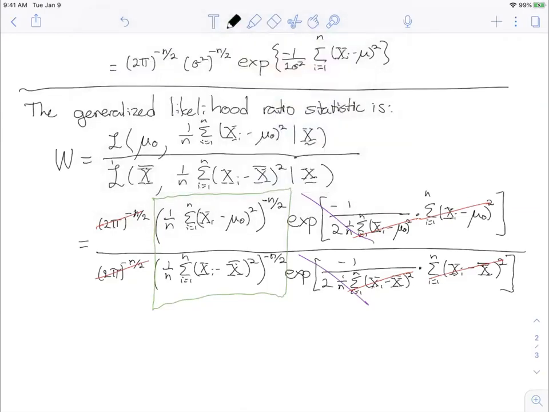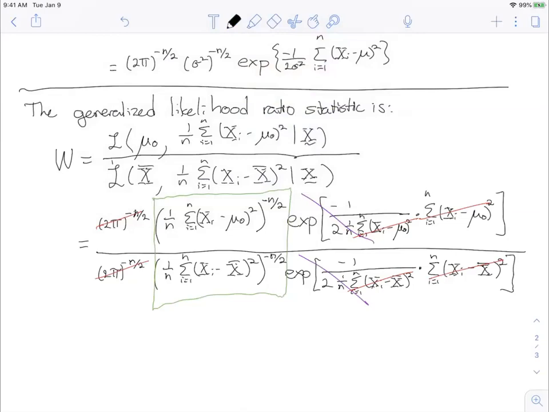And then just to avoid confusion later, I want to note that for this numerator, I've got something to a power of negative n over 2. Let's just put that in the denominator with a power of n over 2 so that we don't have exponents that are negative.